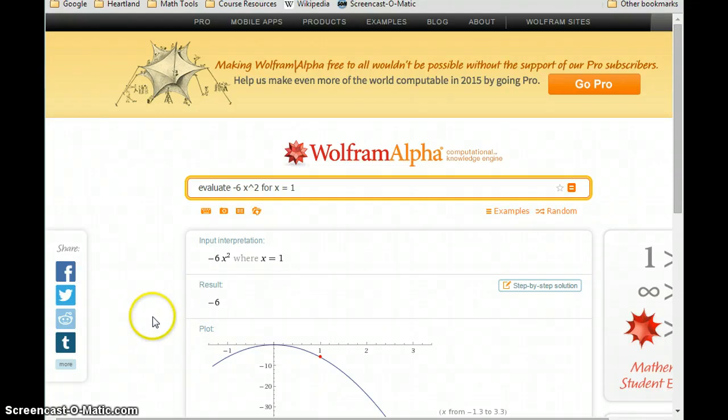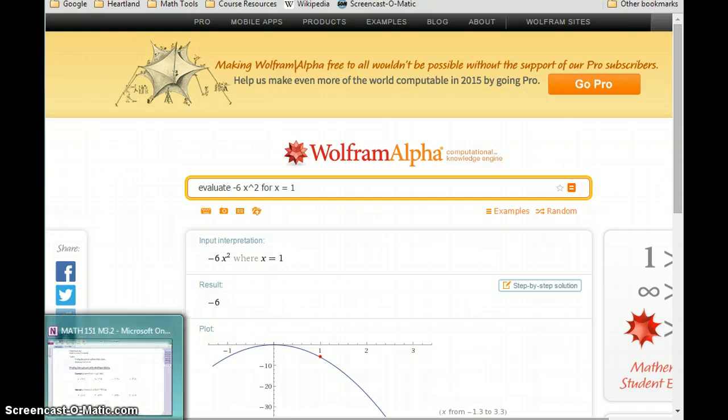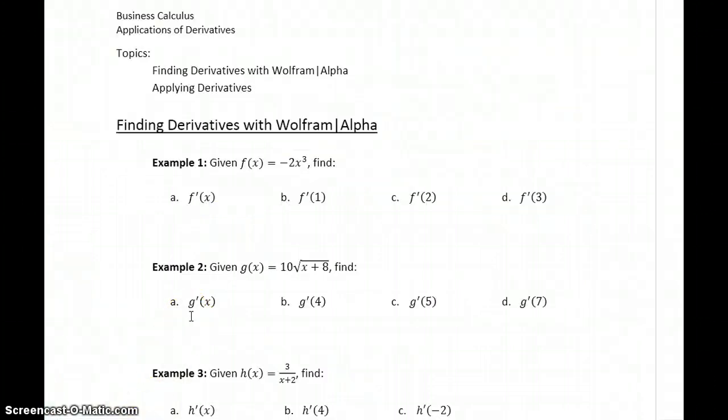Nothing terribly complicated that we couldn't probably figure out by hand, but when we get into some more complex functions, that's going to save us some time and energy on our end. So we get the derivative of this function as negative 6x squared, and the derivative evaluated at x equals 1 to be negative 6.